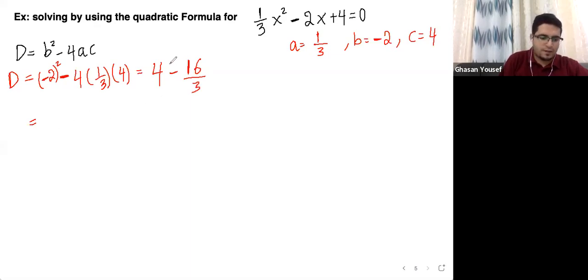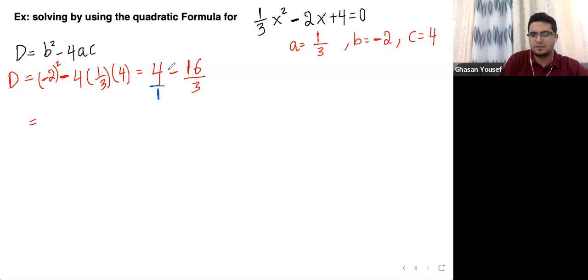Now, I would like to get the answer for 4 minus 16 over 3. To solve fractions with different denominators, like I said before, I can cross multiply, or I can use the least common denominator.